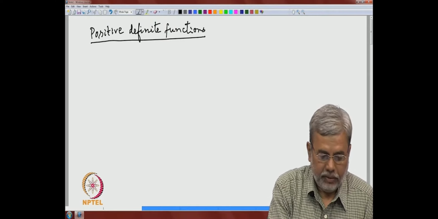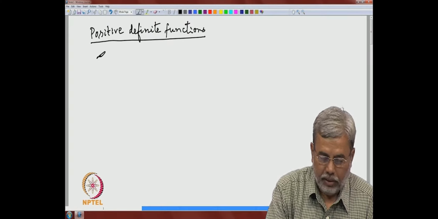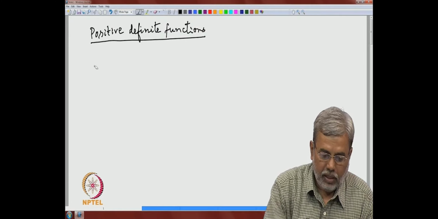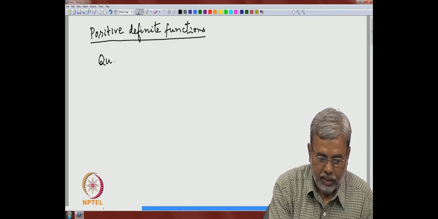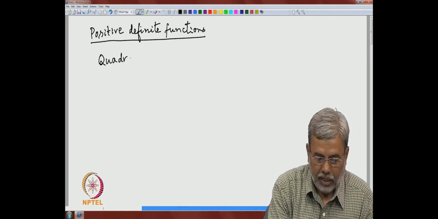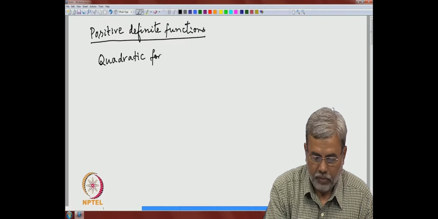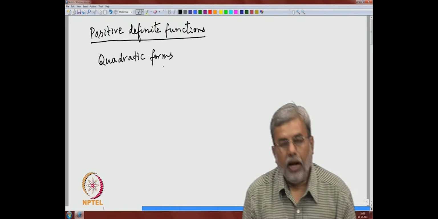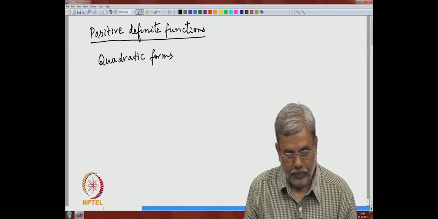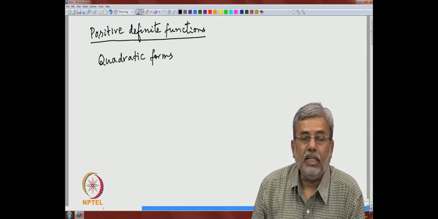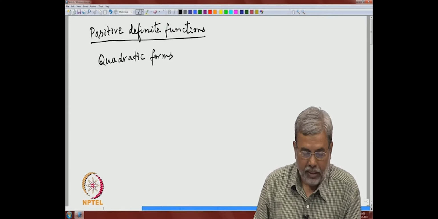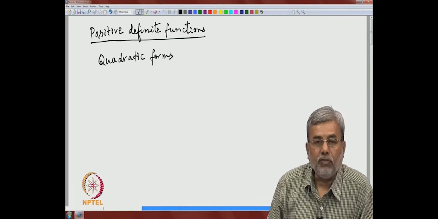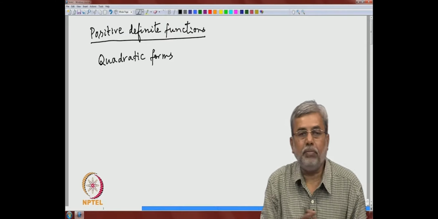It is the quadratic functions which are studied in linear algebra in great detail, quadratic forms, and there are very nice results which give necessary and sufficient conditions for a quadratic form to be positive definite. So, let me just briefly discuss that.